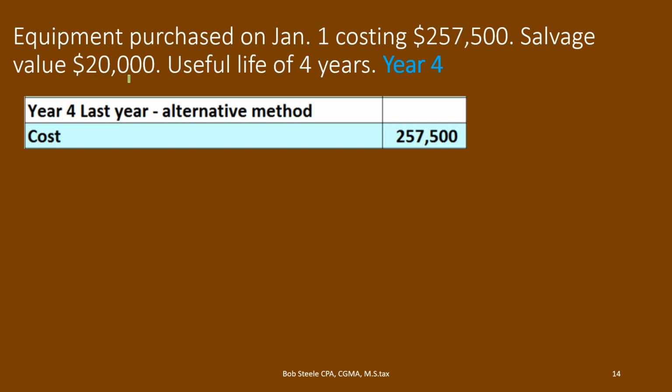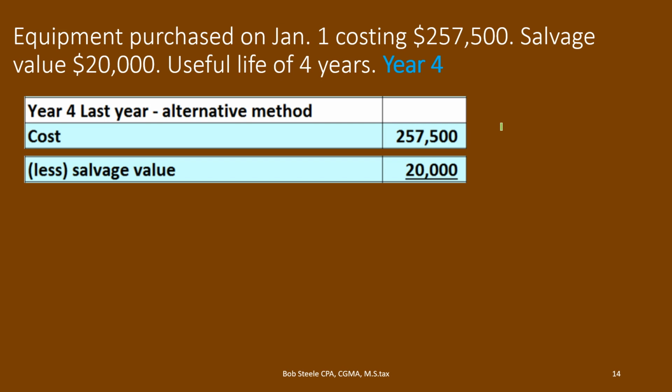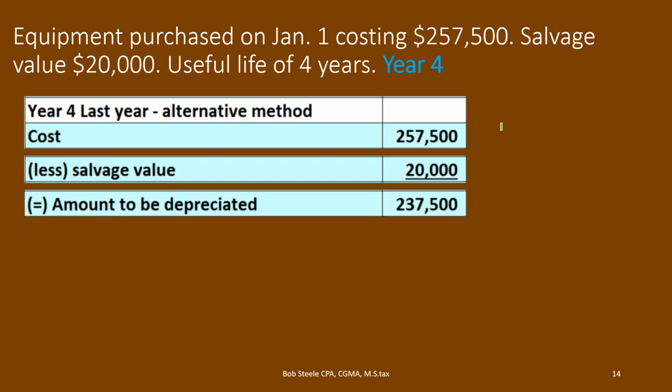The way we're going to do that is to take the cost less the salvage value, as you'll remember we did in the straight line method. That gives us the amount that we want to depreciate over the useful life, which in this case is 4 years. If it costs $257.5 and we want it to end up with a book value at the end equal to the salvage value of 20, then we have to depreciate $237.5 over the life.